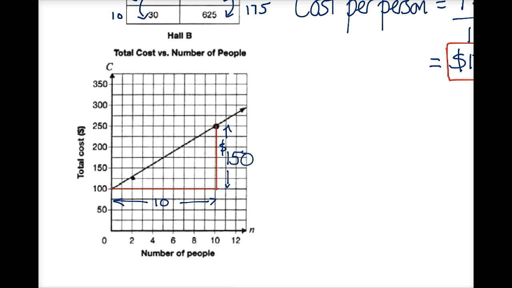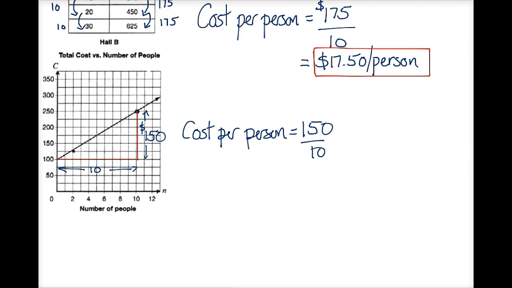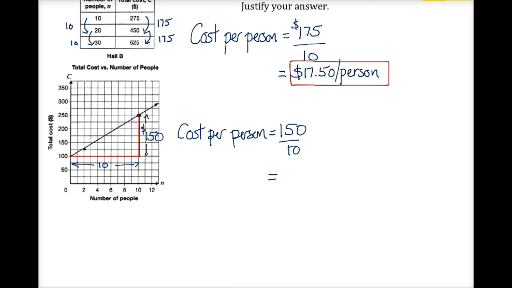The cost per person now is going to be $150 per 10 people, and that equals $15 per person. So that is the cost per person for the graph.